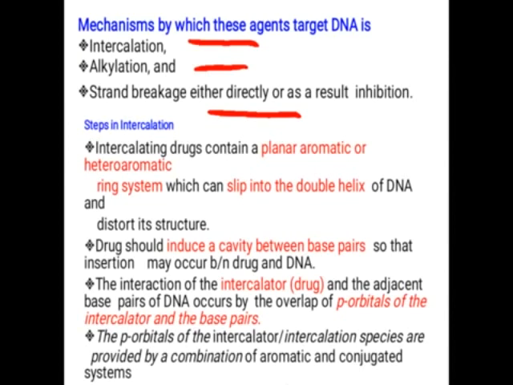So what is the aim of these agents? To inhibit the uncontrolled growth. And to inhibit the uncontrolled growth, you have to stop the mechanism by which the machinery required for the growth of the cell is synthesized. Protein biosynthesis is the process by which more proteins required for the growth of cells are synthesized.